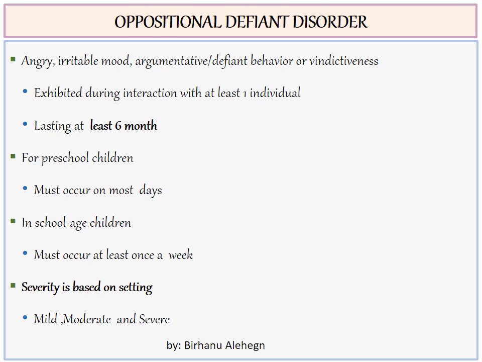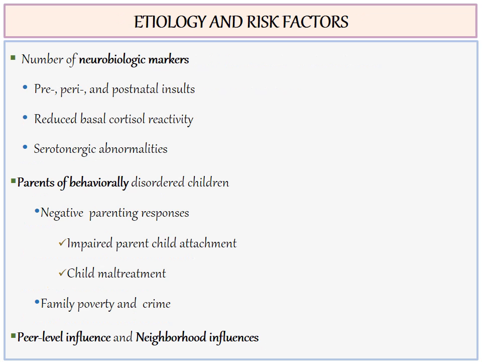Oppositional defiant disorder: angry, irritable mood, argumentative/defiant behavior or vindictiveness exhibited during interaction with at least one individual, lasting at least 6 months. For preschool children it must occur on most days. In school-age children it must occur at least once a week. Severity is based on setting: mild, moderate, and severe.